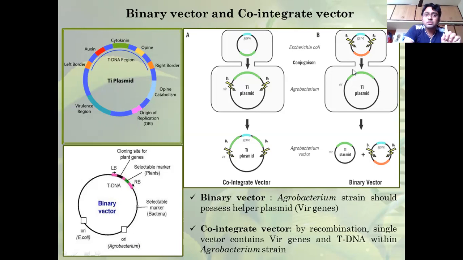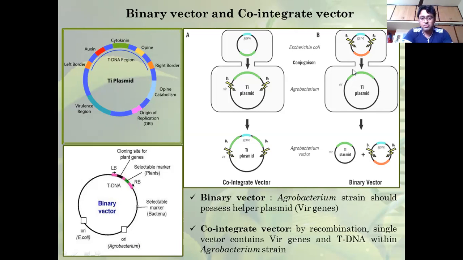This vector is called a helper plasmid. So the Agrobacterium strain will carry the tDNA containing recombinant vector, and as well as the helper plasmid.